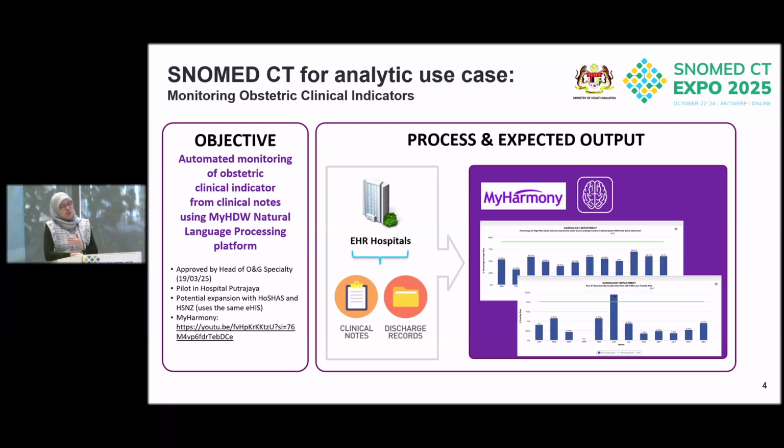The expected output is the data from the participating hospitals who send their clinical notes or discharge notes to MyHarmony, and it produces those reports monthly. So the clinicians just need to open it up, and then they will be able to see which one is reaching their objective, which one does not.